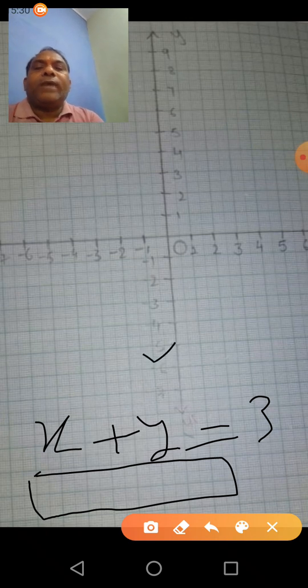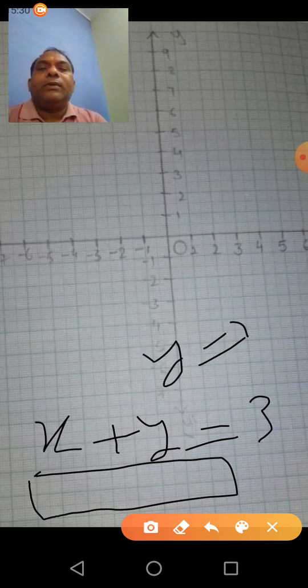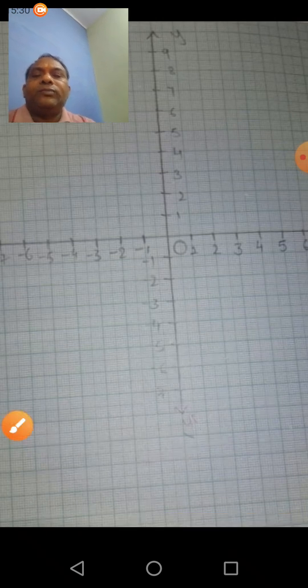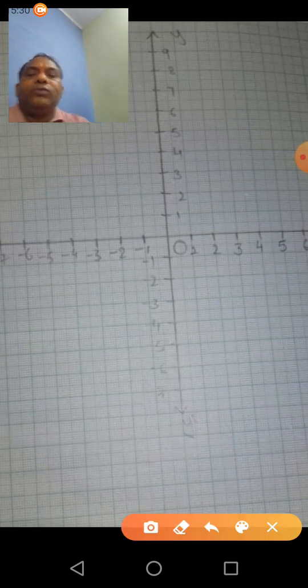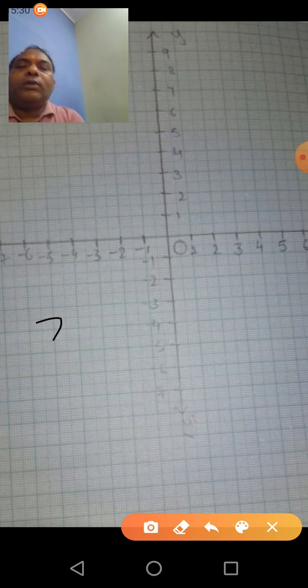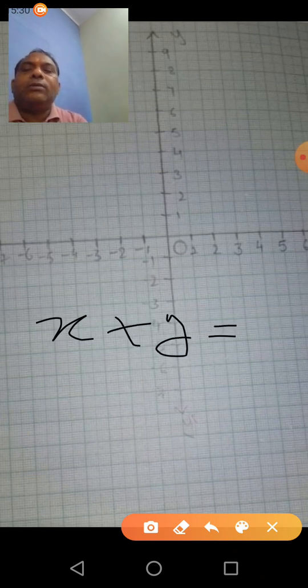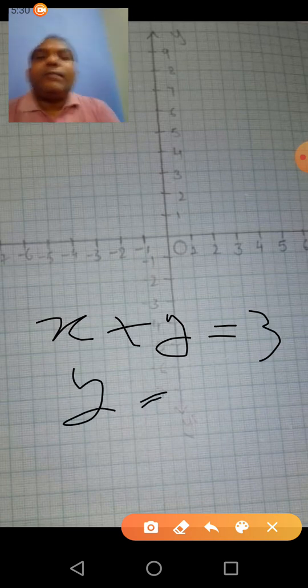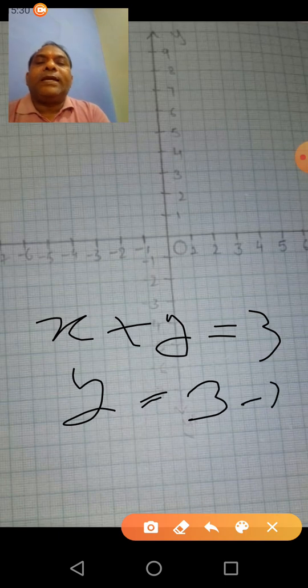So here y will be equal to 3 minus x. You have to plot the graph of the line x plus y is equal to 3. Clear? So firstly find the value of y in terms of x. So y is equal to 3 minus x. Clear?